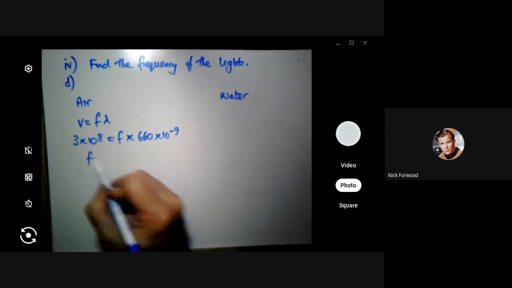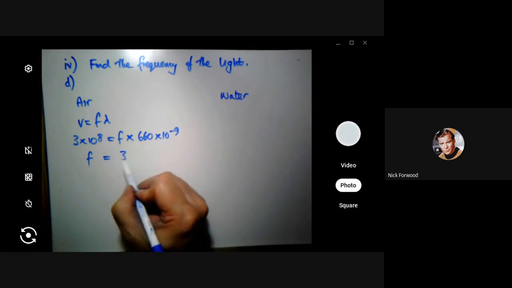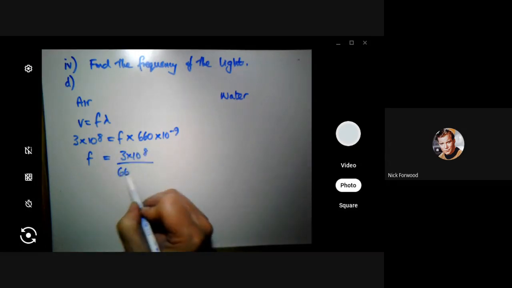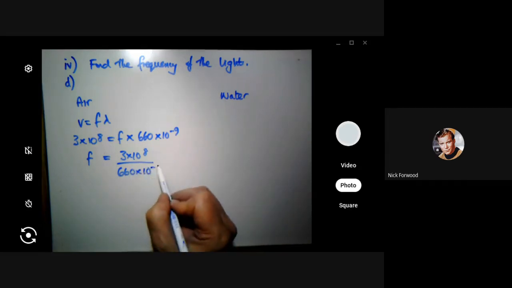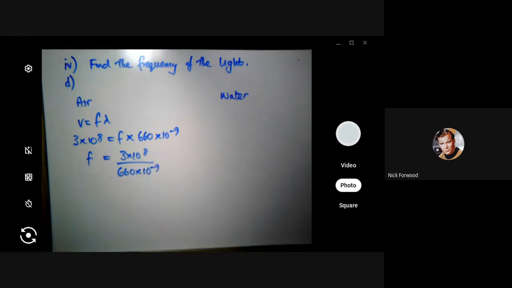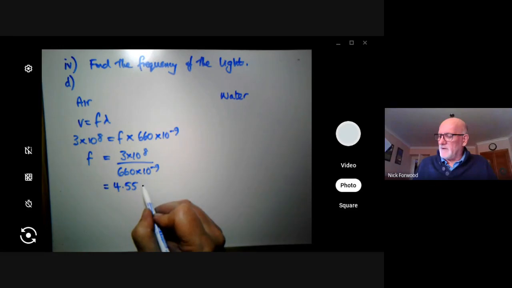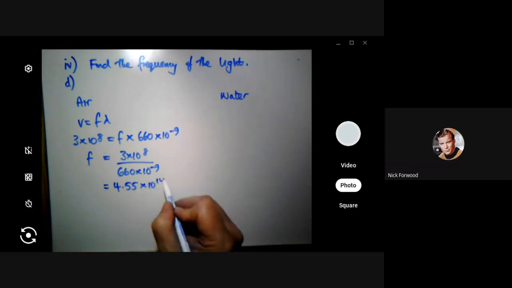So F is equal to 3 times 10 to the power of 8 divided by 660 times 10 to the power of negative 9. And to save me working it all out, because I've got it written down already in my notes, that is 4.55 times 10 to the power of 14 hertz, if I can read my writing.